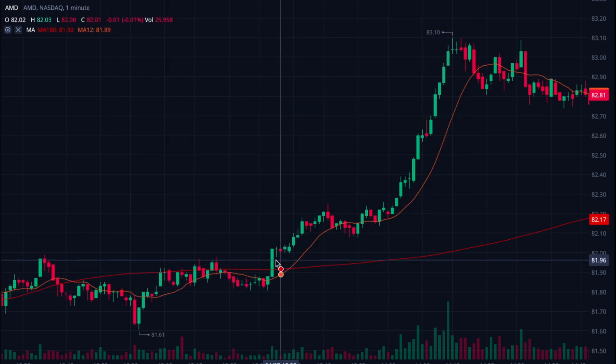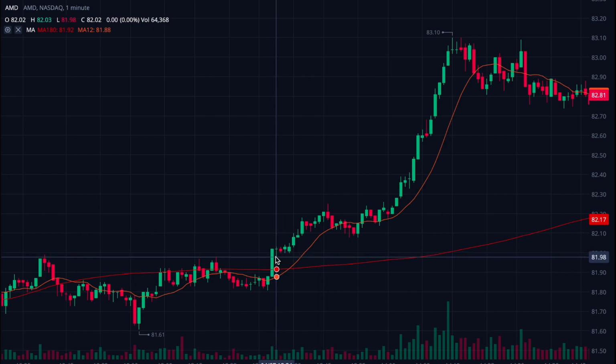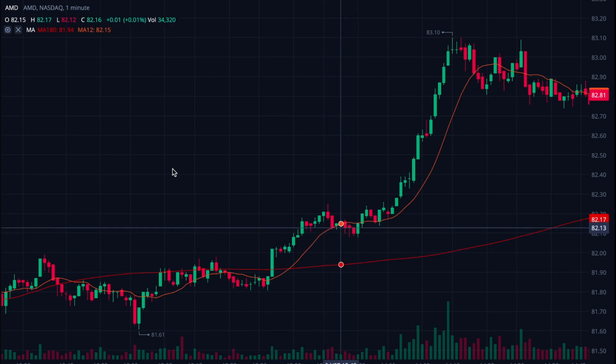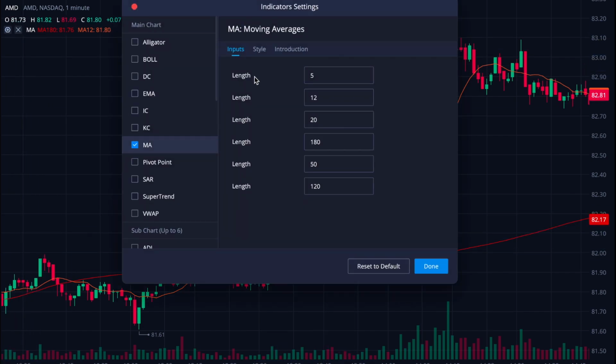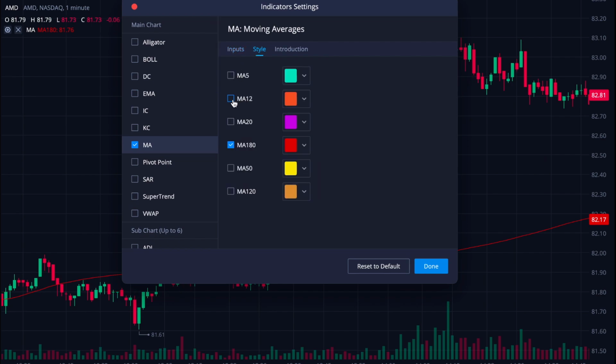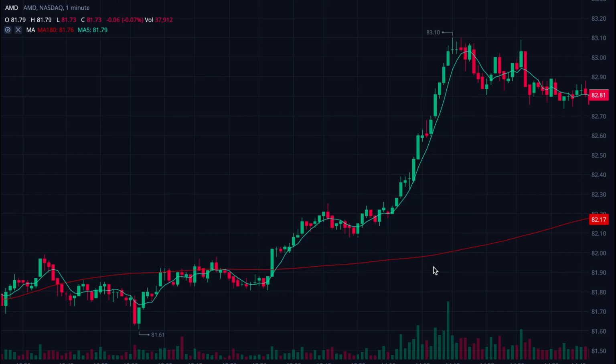So I would have jumped in here, and if it's my 12, I would have sold out here. If it's not my 12, but my 5, this one's going to give you much more opportunity. You would have bought in here, and then actually you get stopped out here, but it's slightly better than the 12 option.